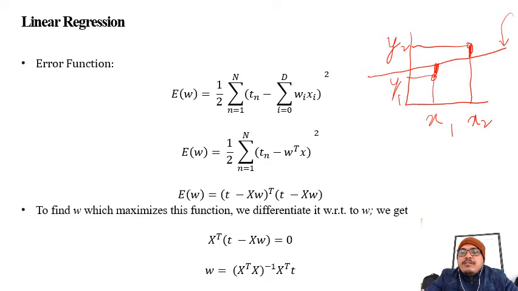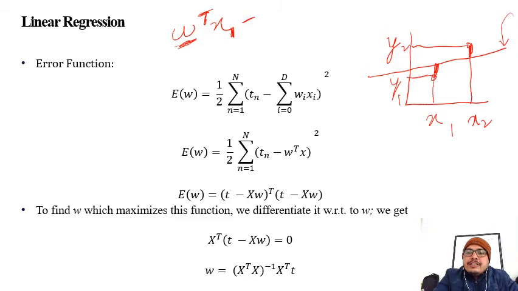In linear regression, how do I calculate the error? My line equation is W transpose X. And what is my label, my target value? This is y1. For my x1, the intercept and slope are fixed in this parameter w, and I take a dot product with x to get a prediction.